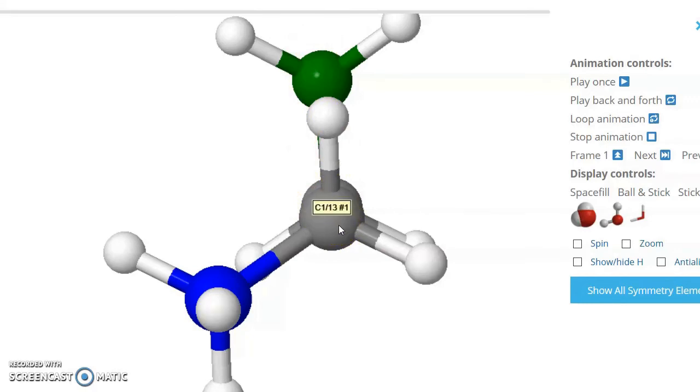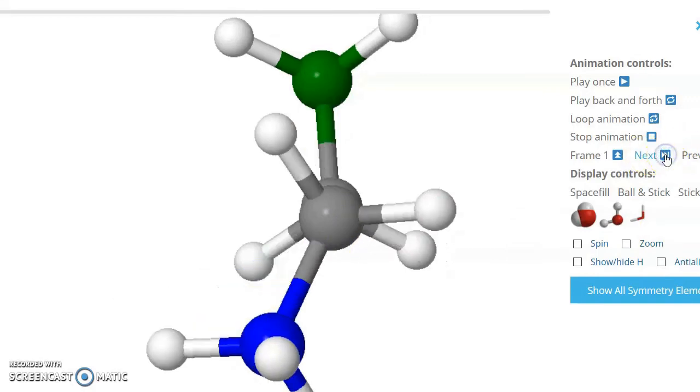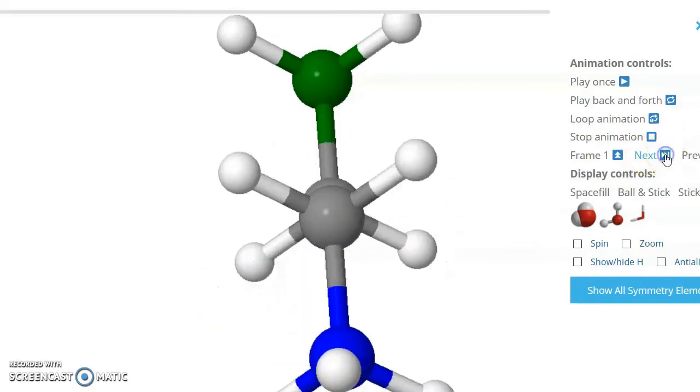Alright, and at the same time, this will have a bit more energy than the gauche conformation. Now we shall again rotate this. It's rotating, and now you can see the two methyl groups have come opposite to each other, placed anti to each other, 180 degrees apart, at the farthest position.